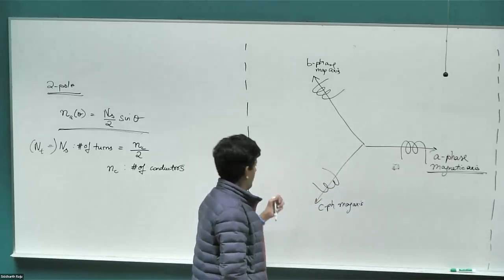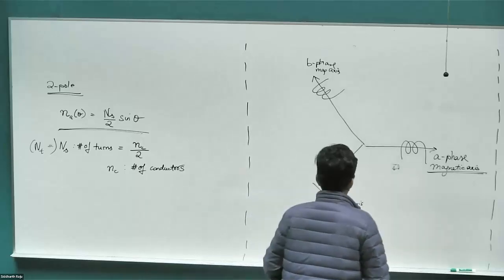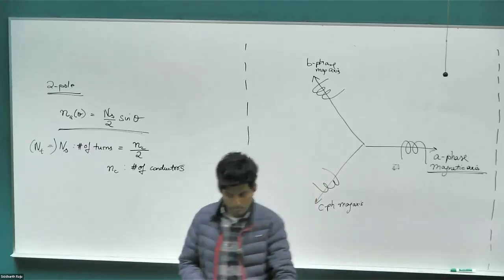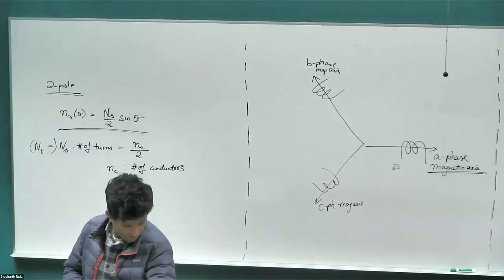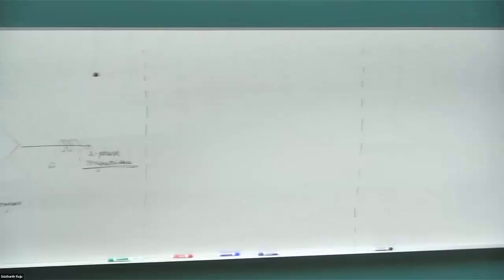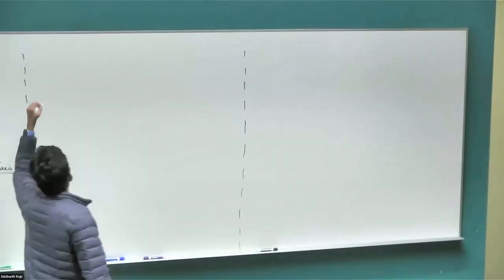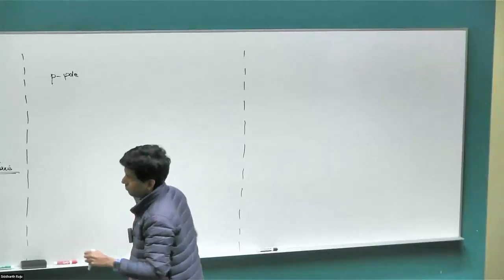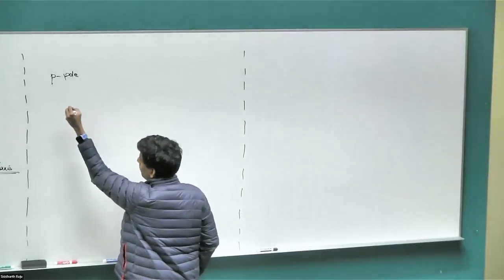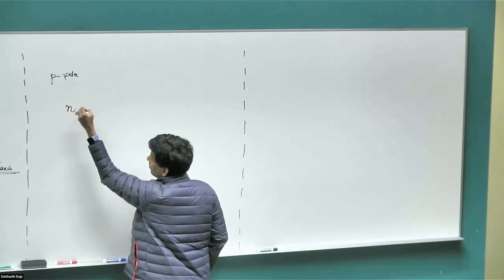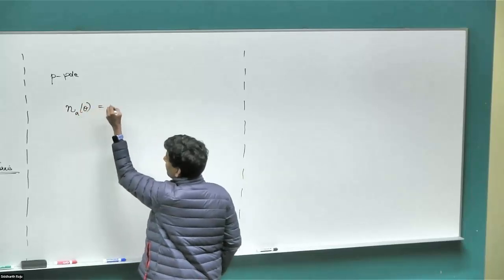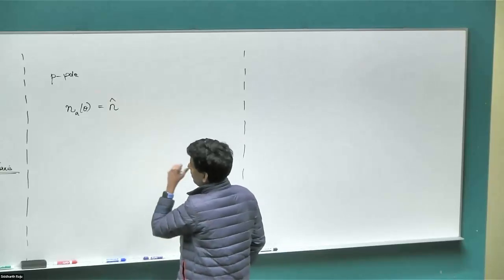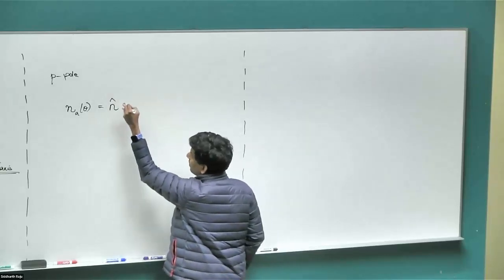Now let's look at what would happen when we have a p-pole motor. For any p poles, we want to figure out the conductor density distribution again, the same way we derived it for a two-pole motor. So Na of theta: we do not know what the maximum conductor density is, so let's put in some variable now and figure out what it comes out to.